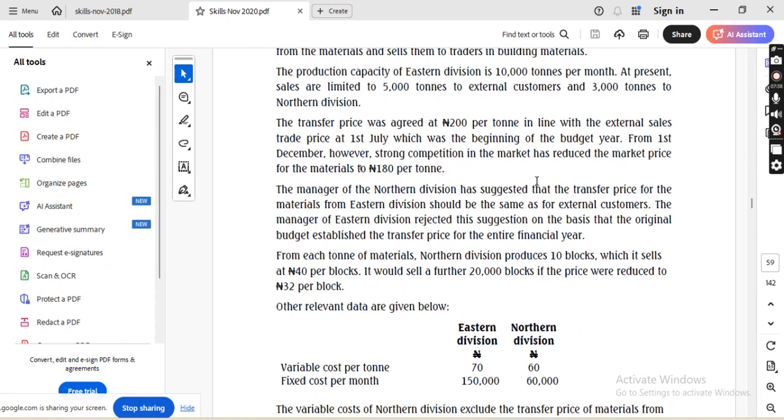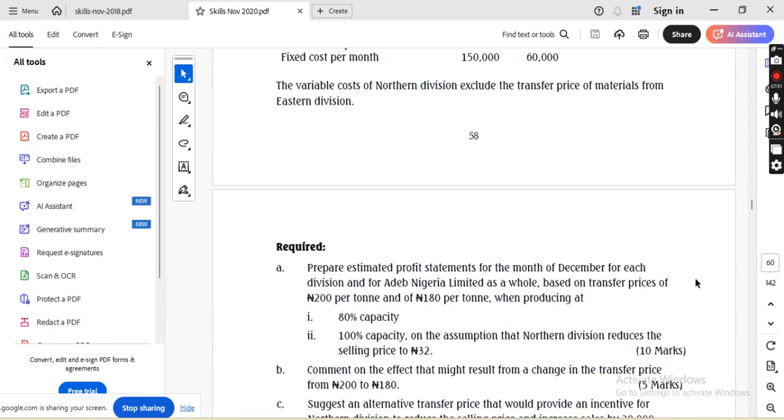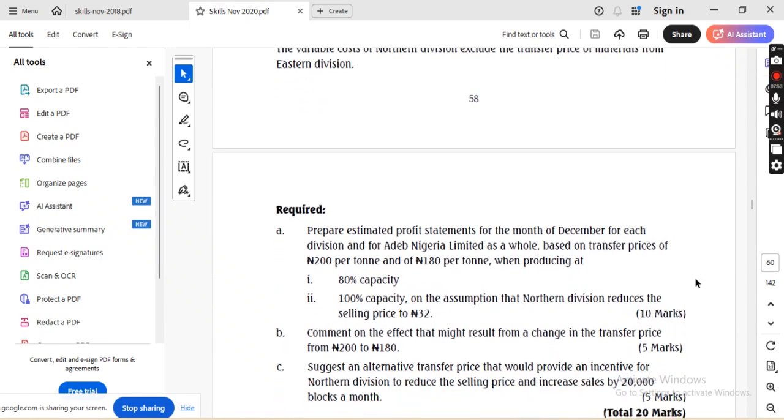So the market is dynamic. And don't forget that the selling division will sell at the same market price. So in that case, the question requires that whatever transfer price you want to work out, you do it based on 200 and 180.